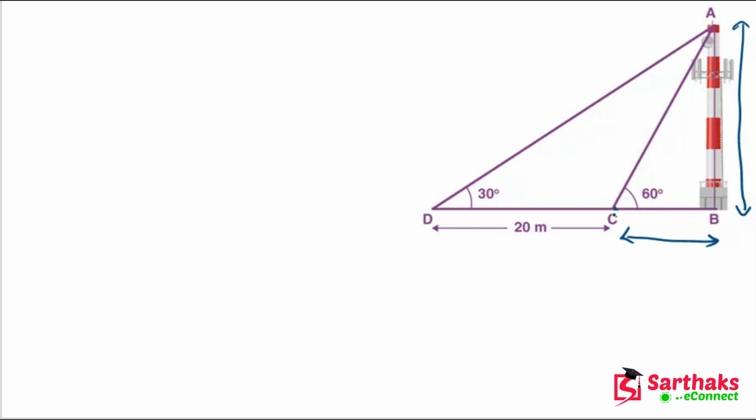From the point C the angle of elevation is 60 degrees, and from the point D the angle of elevation is 30 degrees. In this we have DC equal to 20 meters.